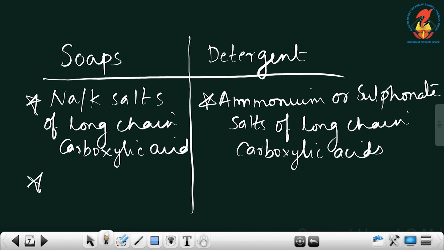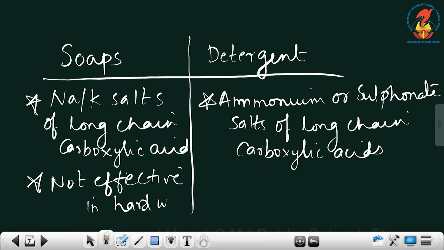Second difference is soaps are not effective in hard water. What about detergents? Detergents can be effectively used in hard water.